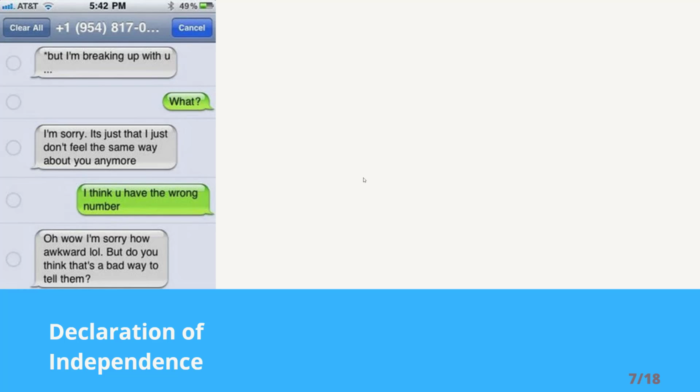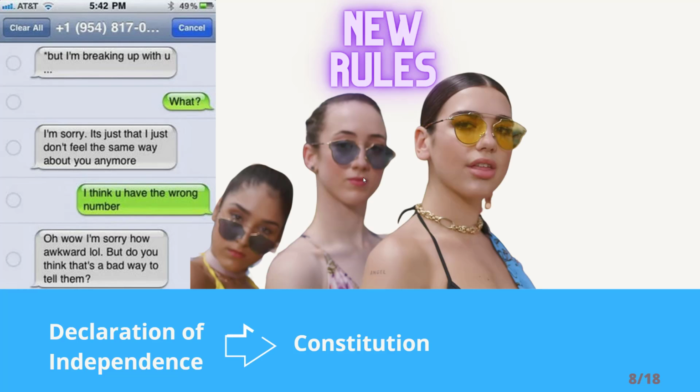I'm sorry. How awkward. LOL. But do you think that's a bad way to tell them? Yes, that's the answer. Although I think we can all agree that we're getting some joy from reading it. Okay, so the utilitarian might suggest that the overall net pleasure is great. All right, whatever. Here we go.